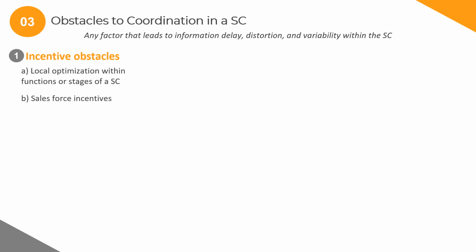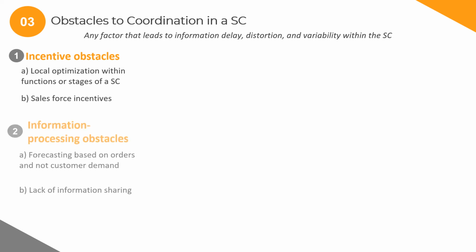Then the second one is sales force incentives. That is, the sales typically measured by the manufacturer are the quantity sold to distributors or retailers, not the quantity sold to the final customers.